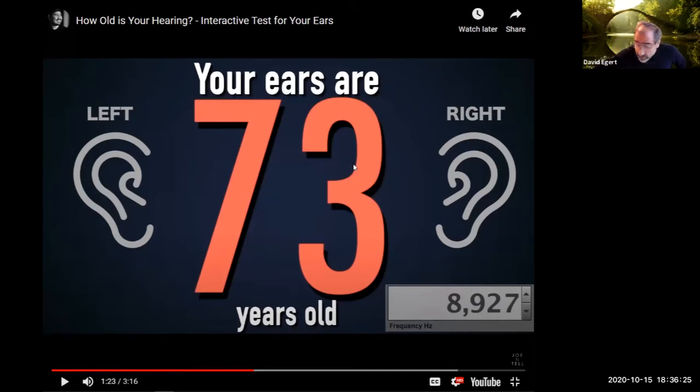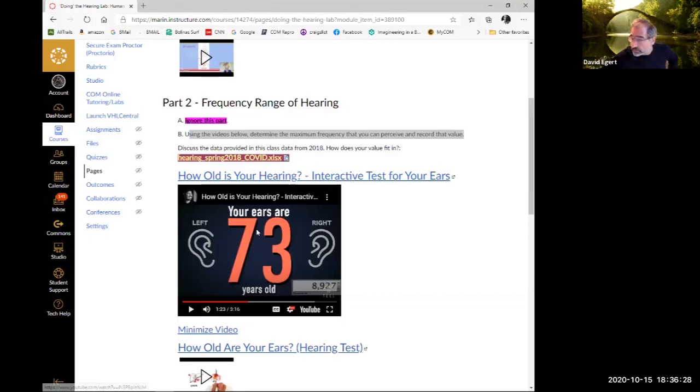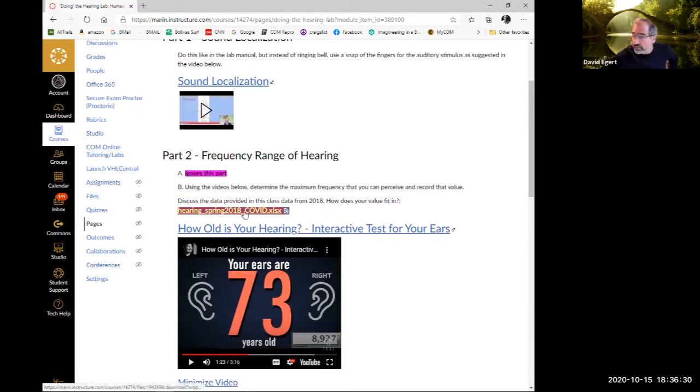And I did include some data from previous classes, just so you can see what it tends to look like.